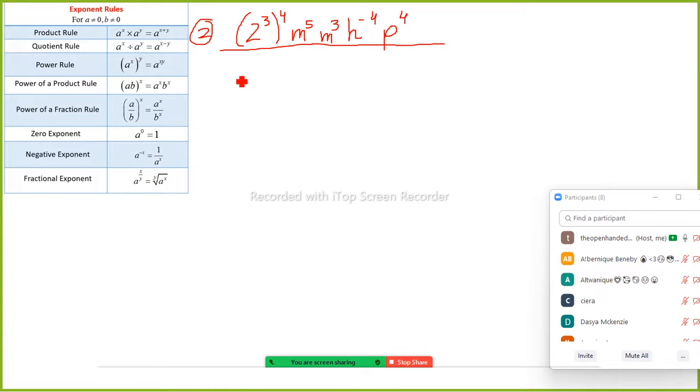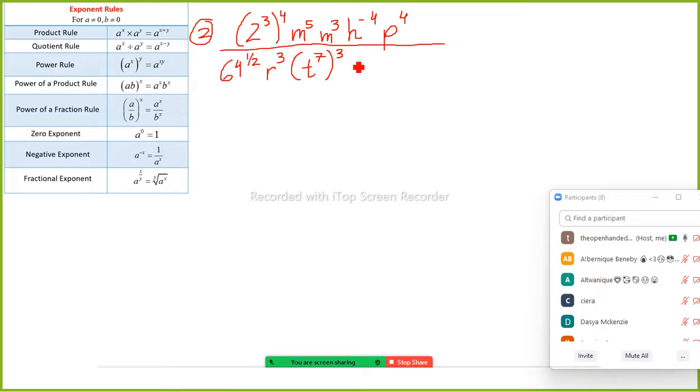Let's say we have 64 to the power of a half. So we add r to the 3rd power, t to the 7th power raised to the 3.